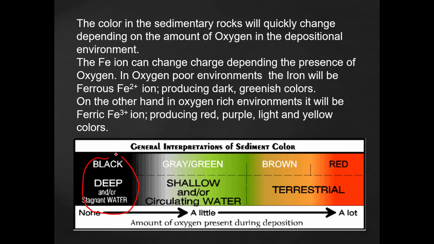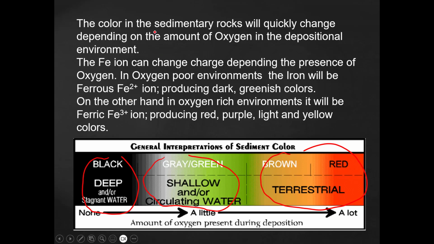If it's getting lighter, it's getting closer to the terrestrial or continental environment, and the color becomes lighter because you have more and more oxygen around. And when it's brown, light, yellowish, reddish, or even lighter colors, that means these rocks formed on the continent where there is a lot of oxygen exposure.